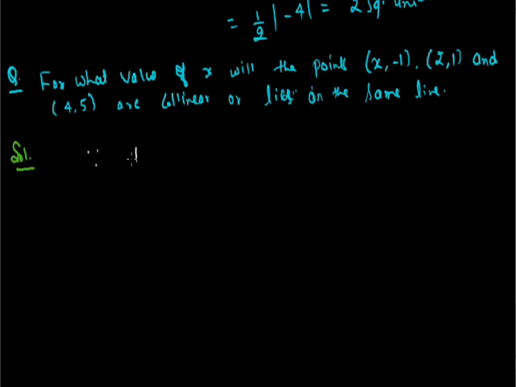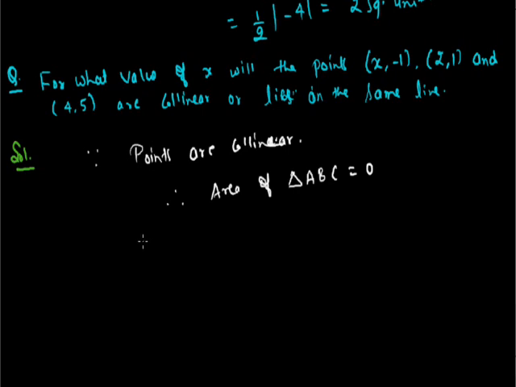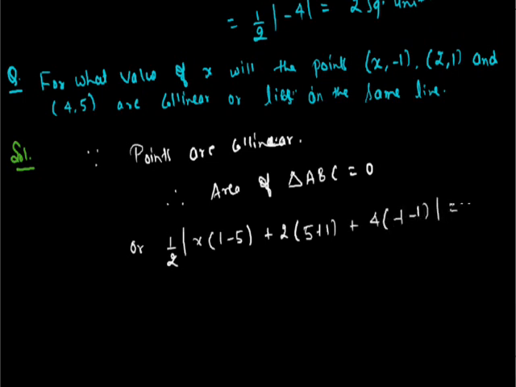It means the points are collinear. Now because points are collinear, therefore area of triangle ABC is equal to 0, or modulus half of x multiplied by (1 minus 5) plus 2 multiplied by (5 plus 1) plus 4 multiplied by minus 1 equal to 0.